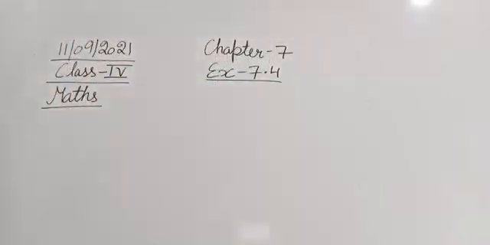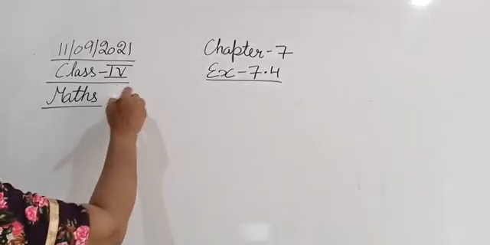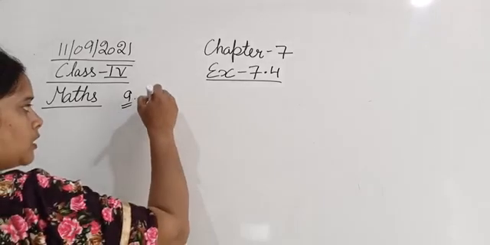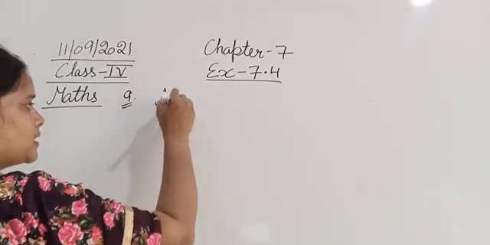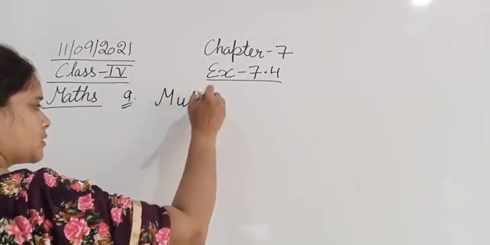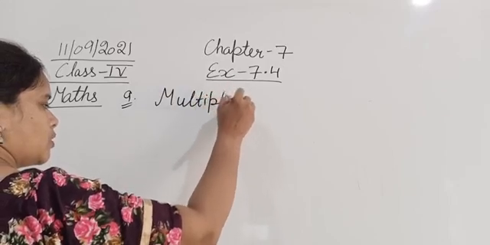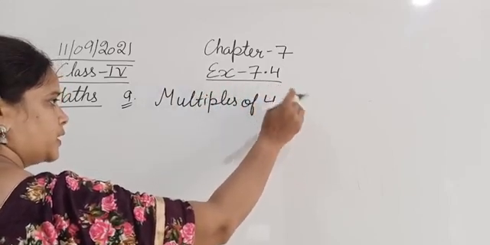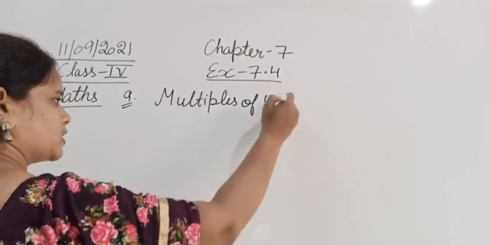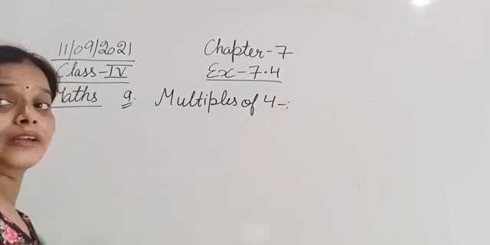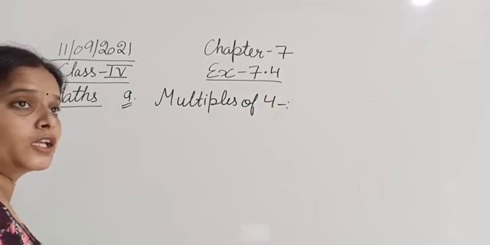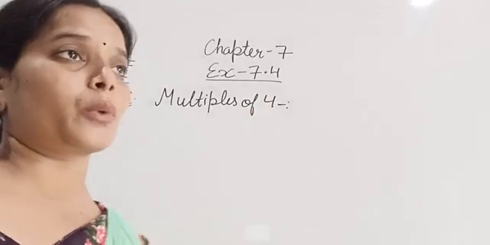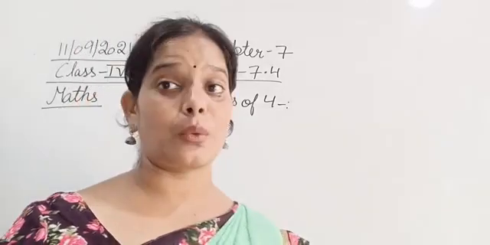Okay, so right here, question number 9: multiples of 4. So we are calculating the multiples of 4 that should be greater than 20 and less than 32. So देखिए, 4 ones are 4, 4 twos are 8, 4 threes are 12, 4 fours are 16, 4 fives are 20.